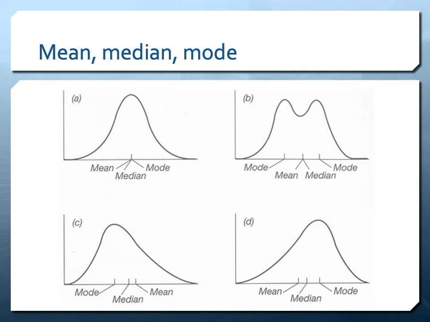If you have something like in B, which you would call a bimodal distribution, bi meaning two, which means you've got two humps, like a two-humped camel. In that case, you can see you've got two different modes, but your mean and your median are at the same point.